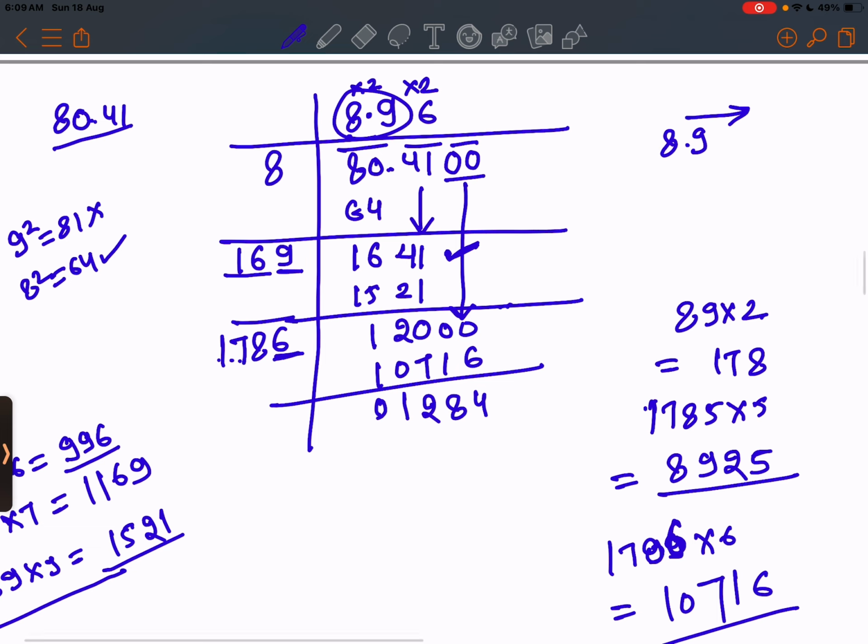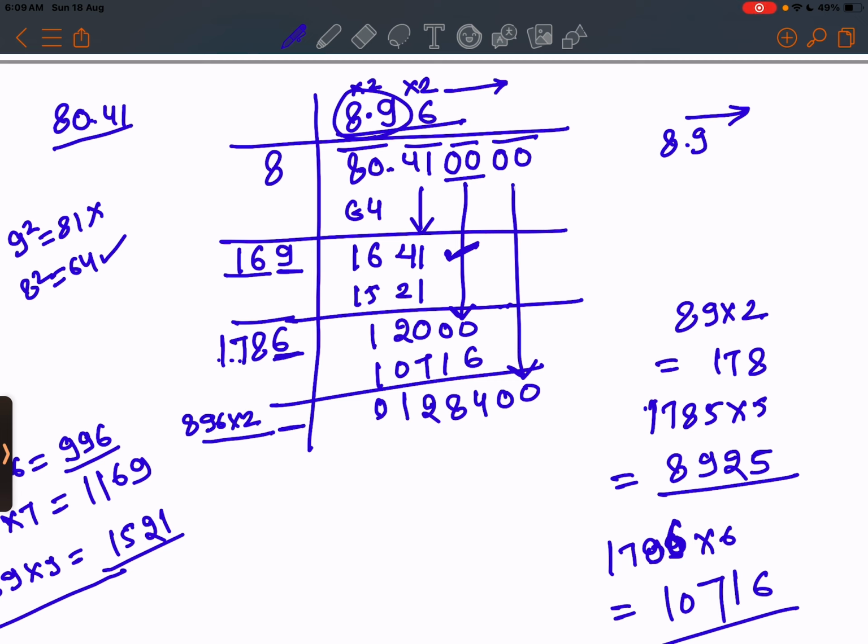If we further have to find up to decimal 3 place or decimal 4 place, then we will make a pair of zeros here. We will insert zeros here, and the divisor's first digit would be the multiplication of 896 into 2, and we find the next digit from hit and trial, the approximation I told you, so that you can proceed further.